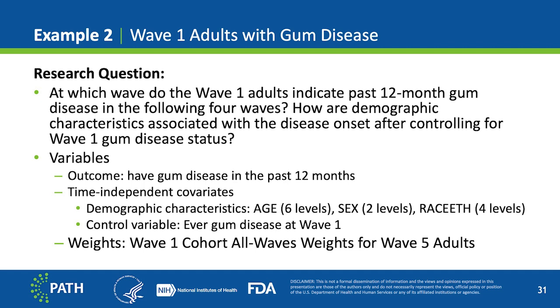Here, I need to make a note that sometimes people treat age as time variant. That is, it changes across time, but we are classifying it as time independent in this example. That means we will treat it as a fixed value.